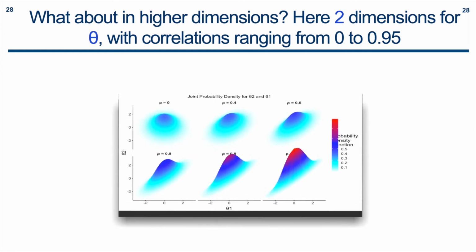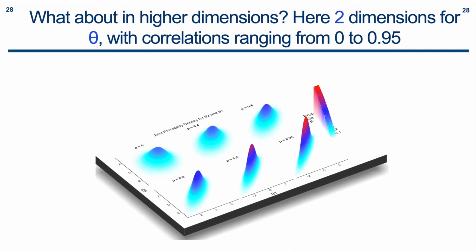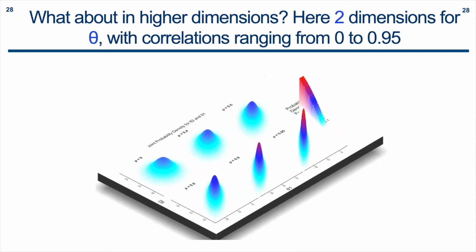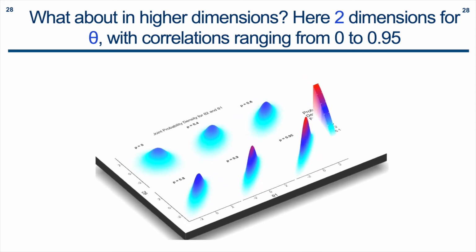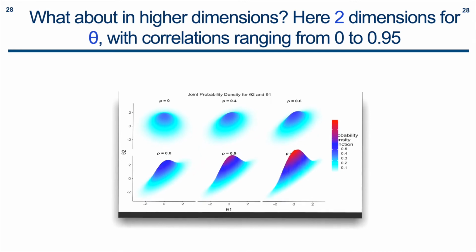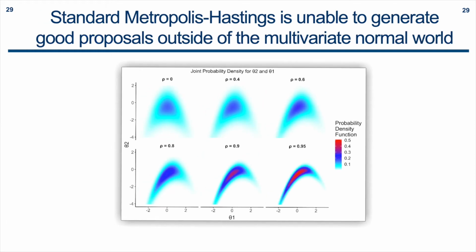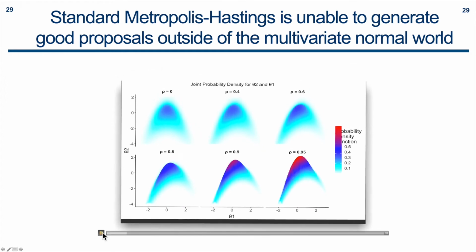Now in this situation, even though these distributions are pretty thin and pretty ugly, it's actually not a problem for standard Metropolis-Hastings, because if our proposal for the standard Metropolis-Hastings looks like these joint distributions here, we're going to have no problems obtaining very good samples. However, in this case, now we have a relationship between theta 2 and theta 1 that isn't multivariate normal.